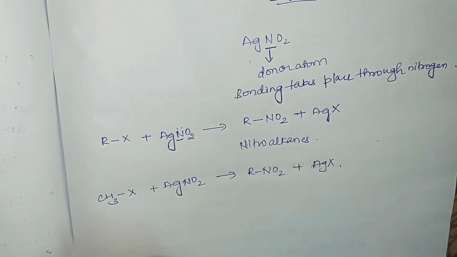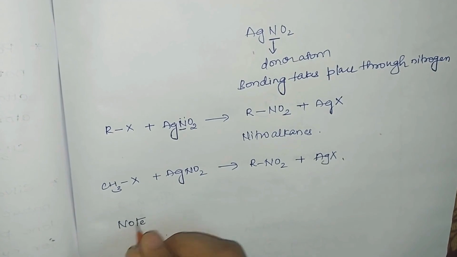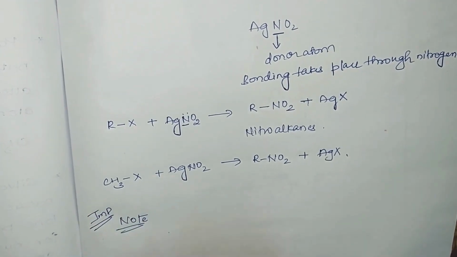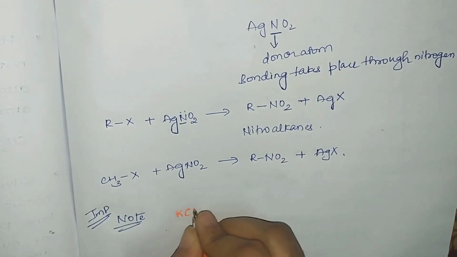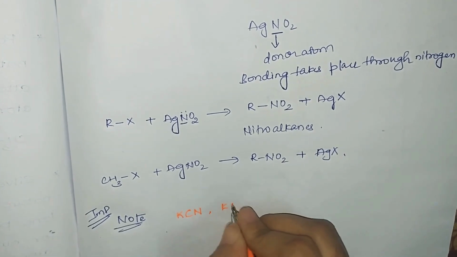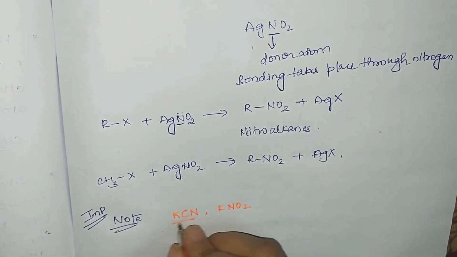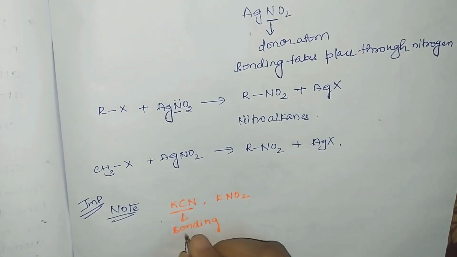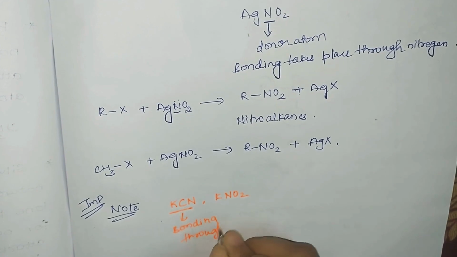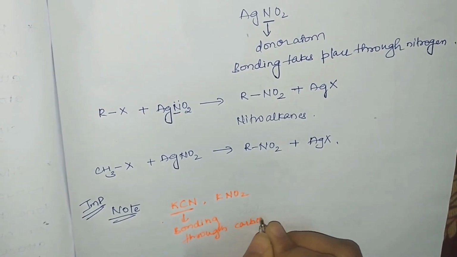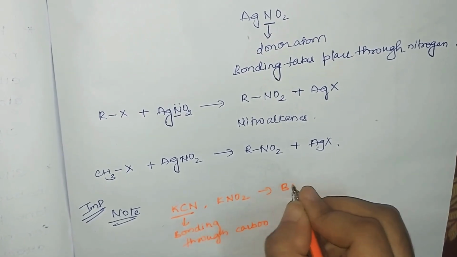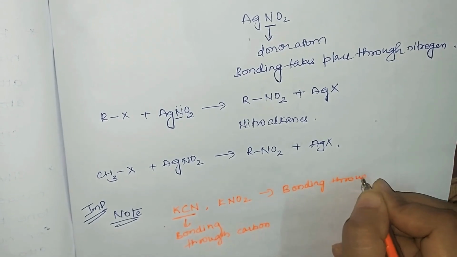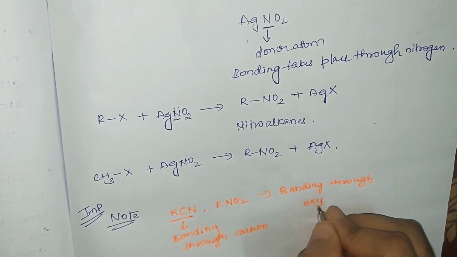So make a note, it is very important. These questions are usually asked for 1 or 2 marks, especially based on KCN and KNO2, that is potassium cyanide and potassium nitrite, as well as silver cyanide and silver nitrite. Potassium cyanide bonding takes place through carbon atom, and potassium nitrite bonding takes place through oxygen atom.